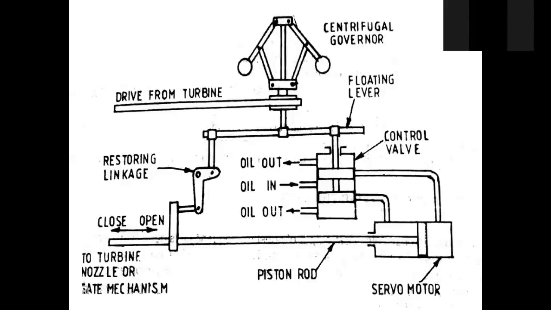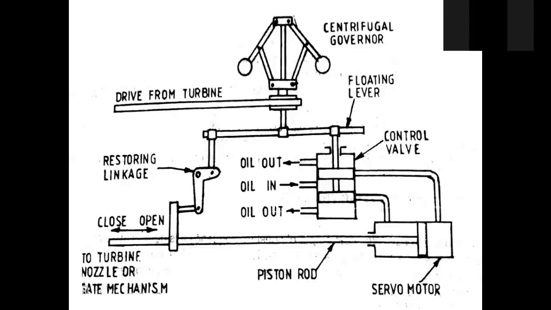Similarly, when load is more, the turbine speed reduces, thereby the floating lever goes down, and we can see that the piston rod moves to the right side in a similar way, and it opens the nozzle of water flow, and more water flows and hits the turbine, and turbine speed increases.